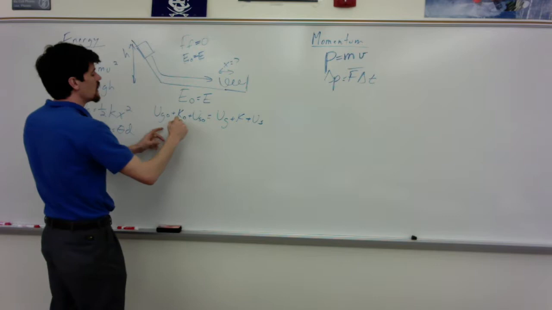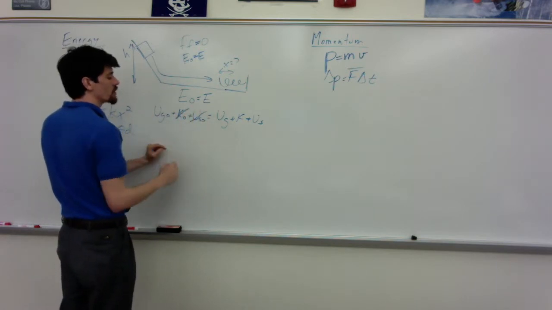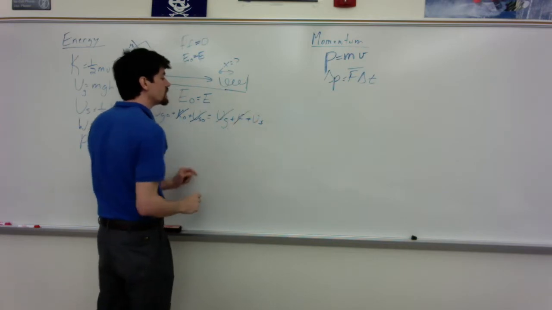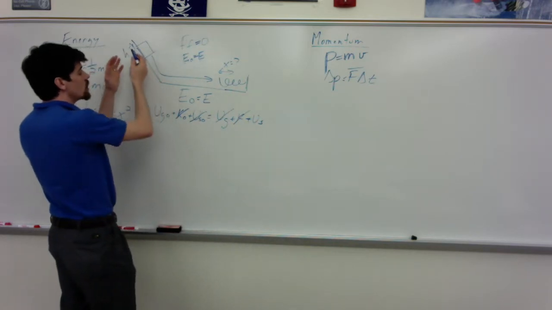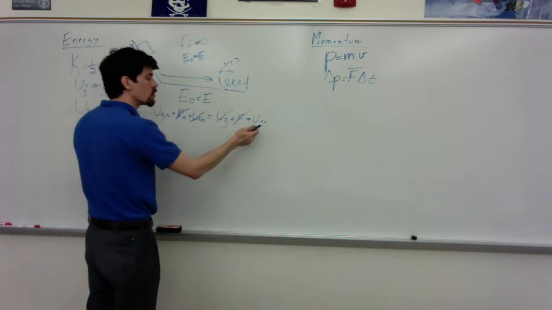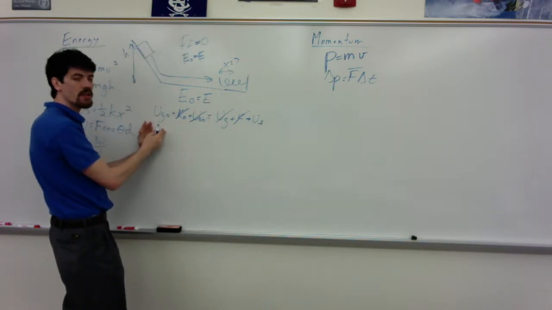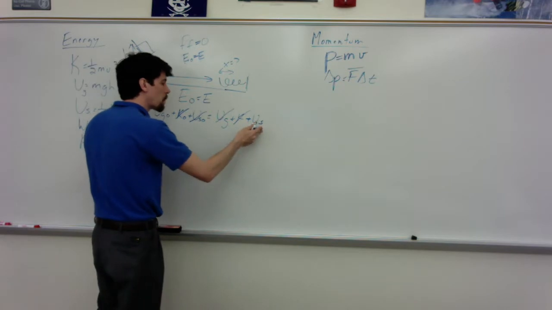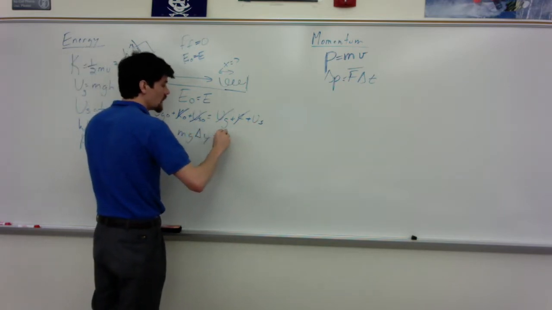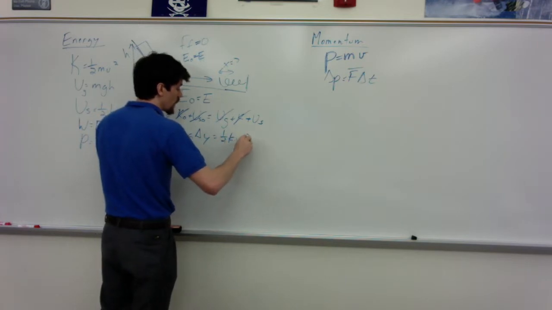Initially it is not moving, and there is no spring compression. That means at the end, there's no more gravitational height, and it will indeed be stationary. So no matter what's going on in this situation, all I have left is U_G naught is equal to U_S. What does that mean? The initial gravitational potential is equal to the stored spring energy. So that means mg delta y is equal to 1/2 kx squared.